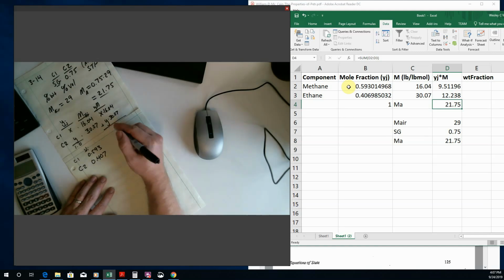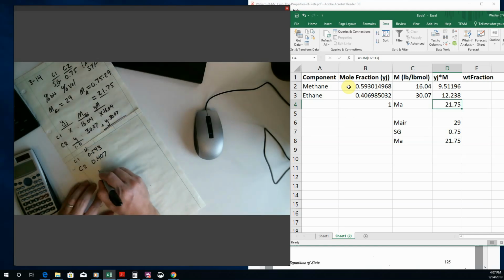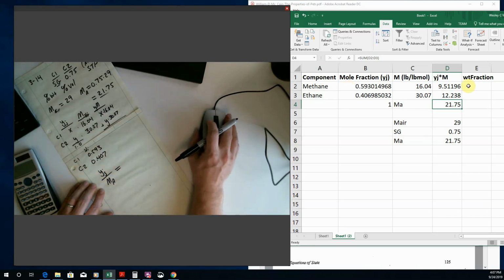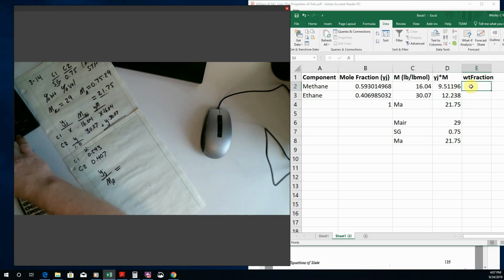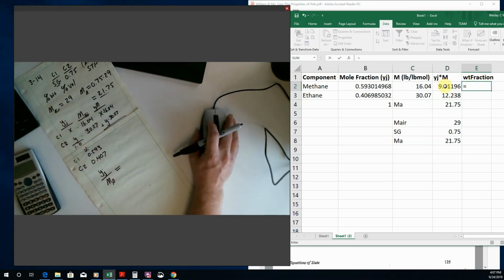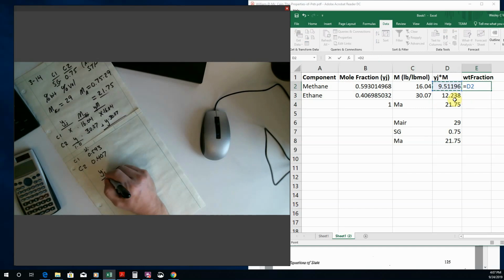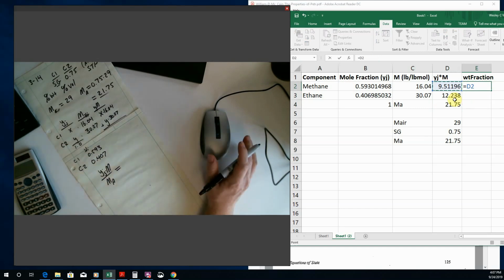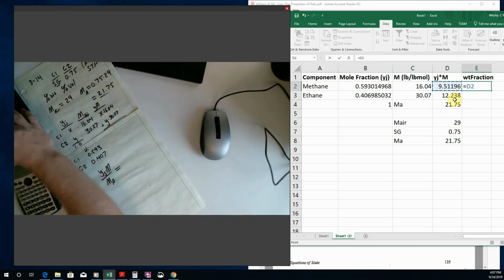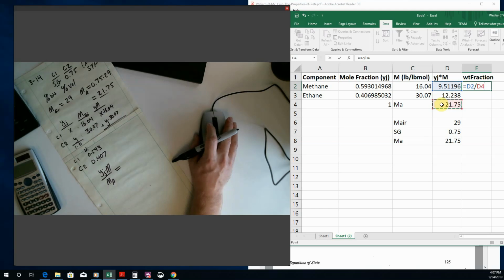And then we want to get the weight fraction. So the weight fraction is this value divided by the apparent molecular weight. So if I come back over here, I can do that. So that equals this value, actually it's y sub j times M, my fault, over the apparent molecular weight, which is this value.